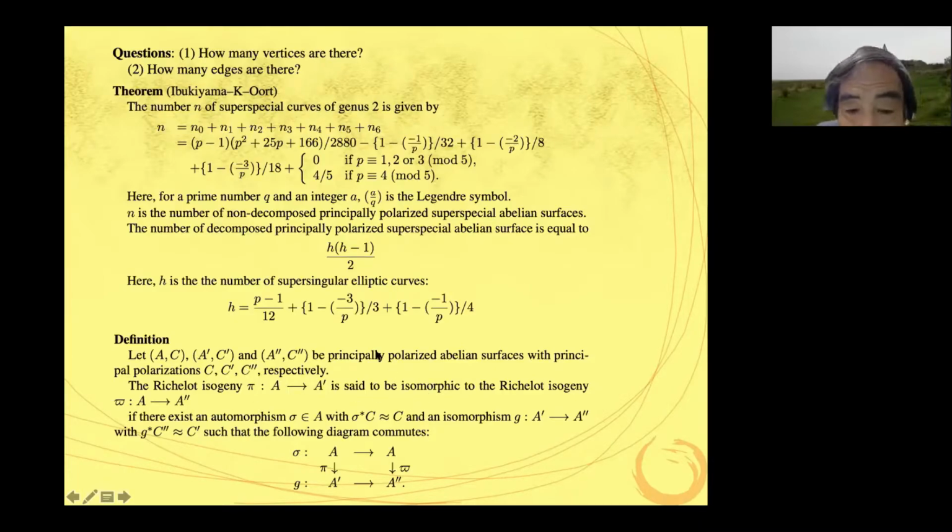And for these two Richelot isogenies, we say they are isomorphic to each other if there exists an automorphism from A to A, and also there exists an isomorphism from A' to A'', such that the pullback preserves the polarizations, and this diagram becomes commutative. Then these two Richelot isogenies are said to be isomorphic.